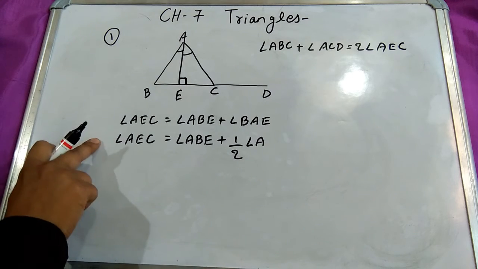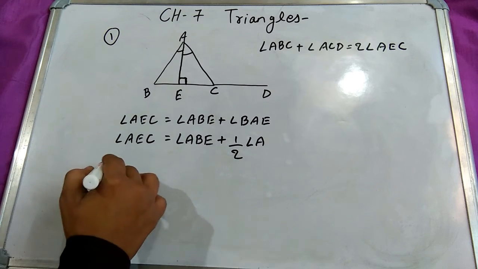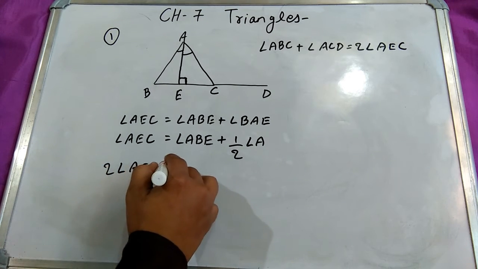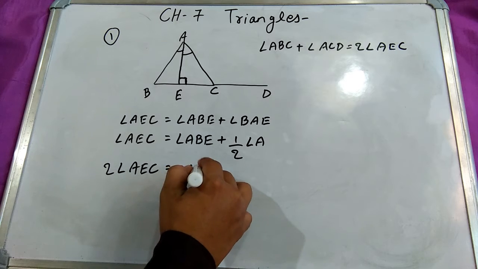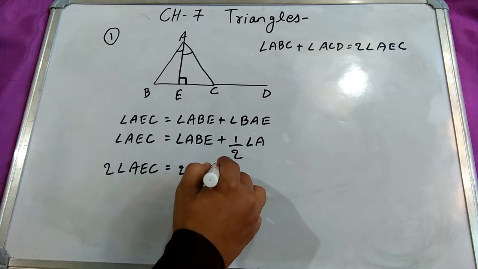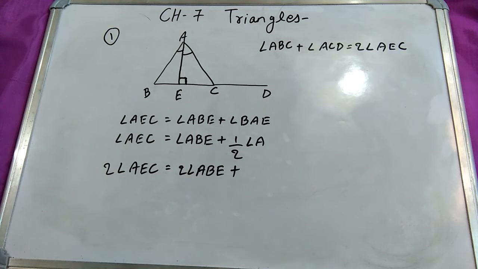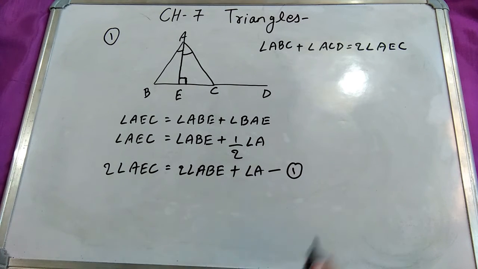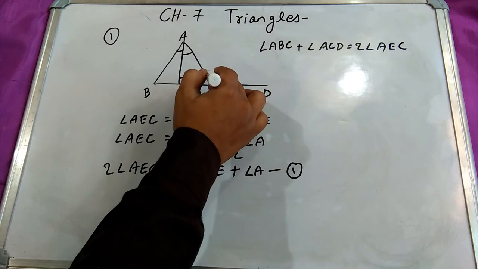Now from this we can take the LCM. So 2 angle AEC equals 2 angle ABE plus angle A. Mark it as equation number 1. Now again side BC of triangle ABC is produced to the point D, so here we can use the same property.